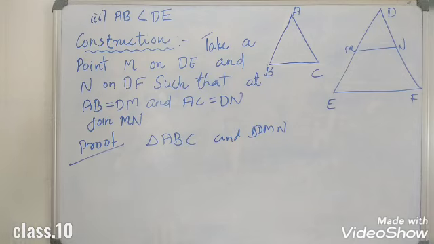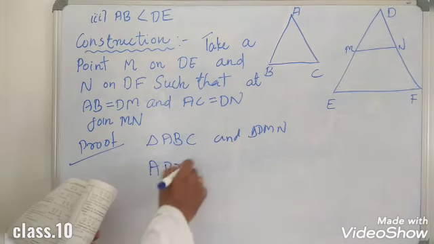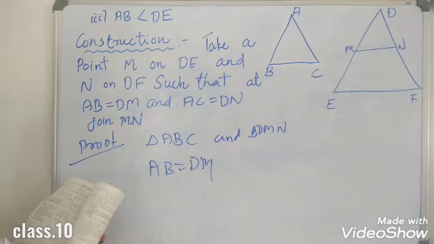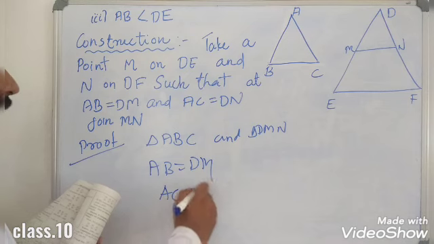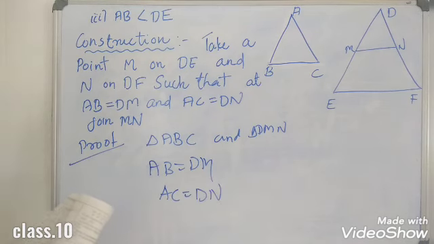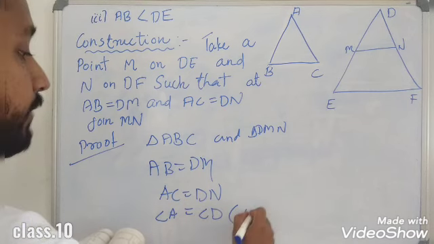So let us start the proof. Triangle ABC and triangle DMN. AB is equal to DM by construction. AC is equal to DN. Then angle A is equal to angle D, that is given.